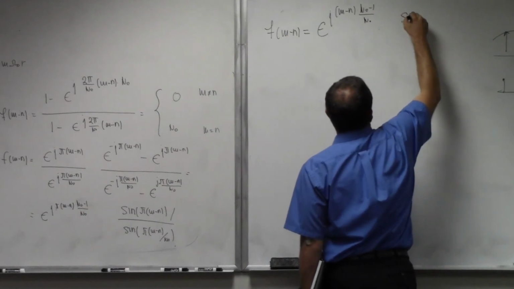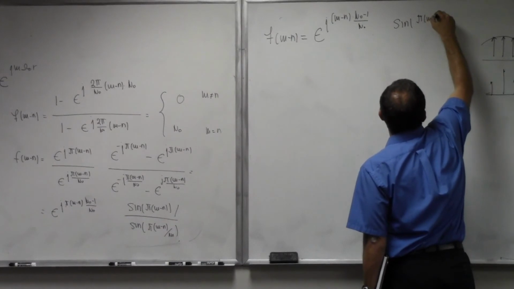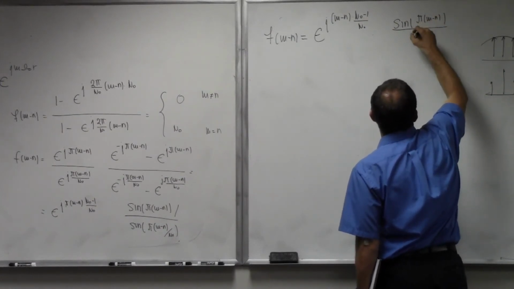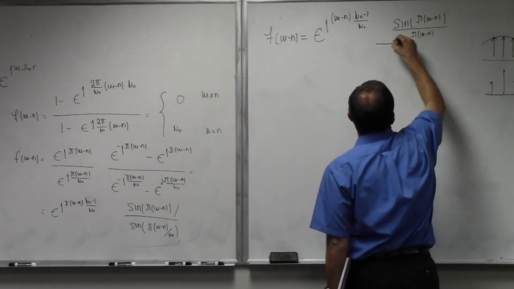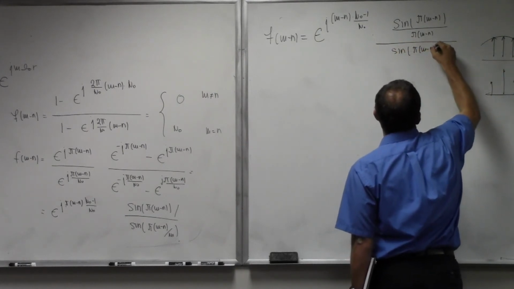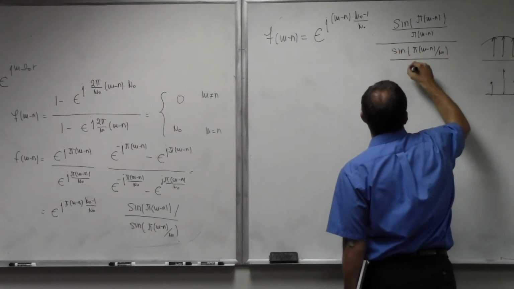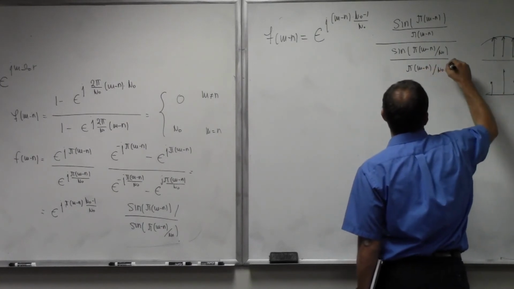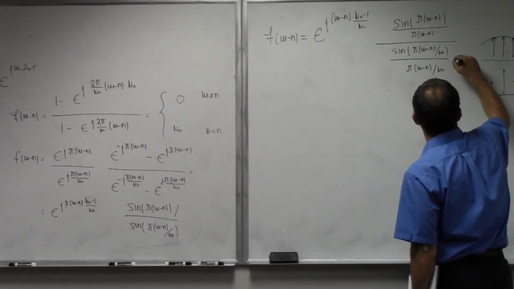And then I have sine of pi m minus n divided by pi m minus n, over sine of pi m minus n over n0 divided by pi m minus n over n0, times n0 here.